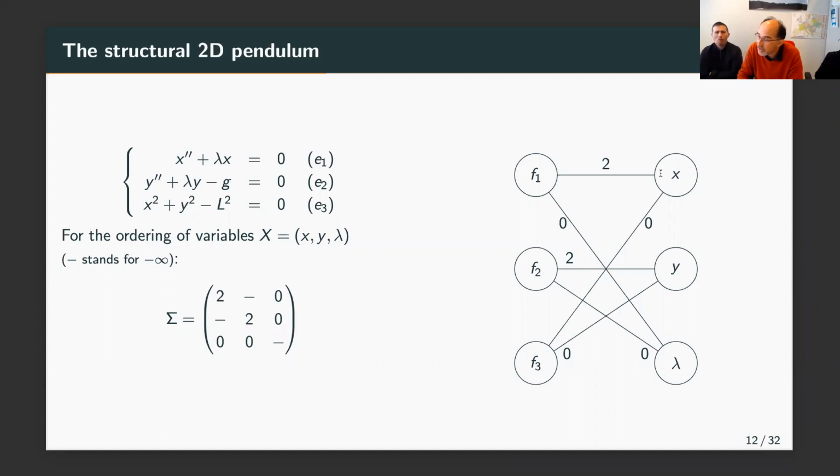And this works. Why is it working? Actually, all these graphs have a very regular structure that comes from the sparsity of the physical models. This is really essential.